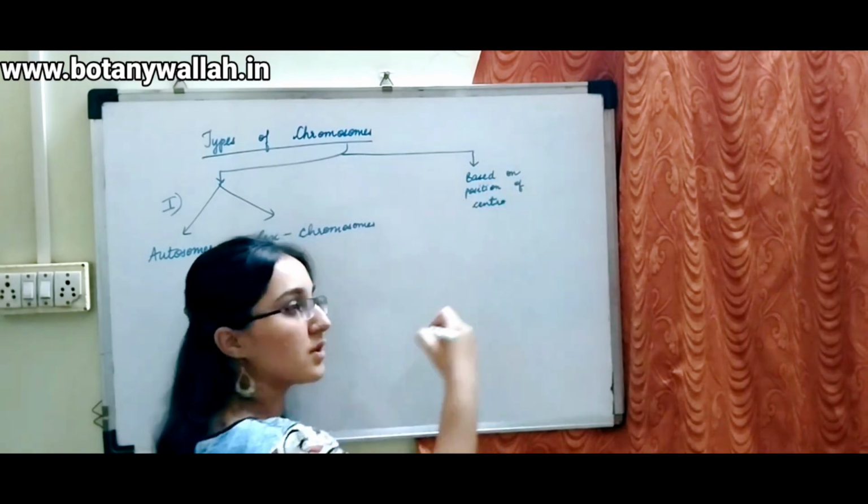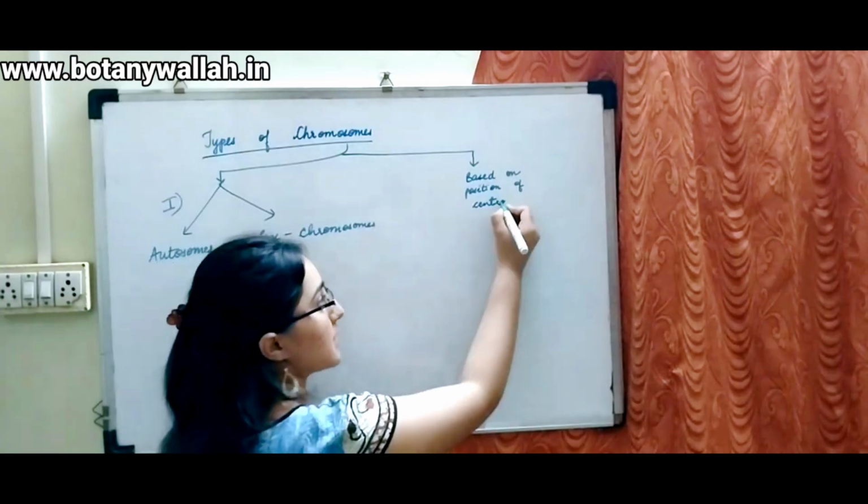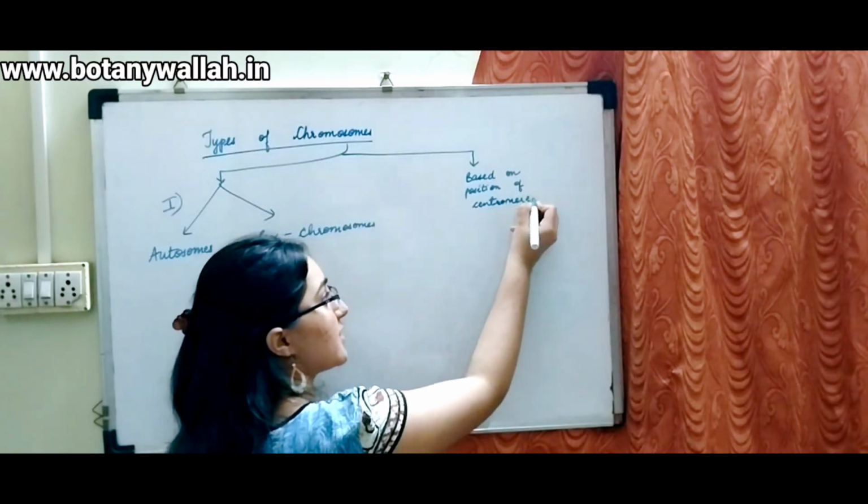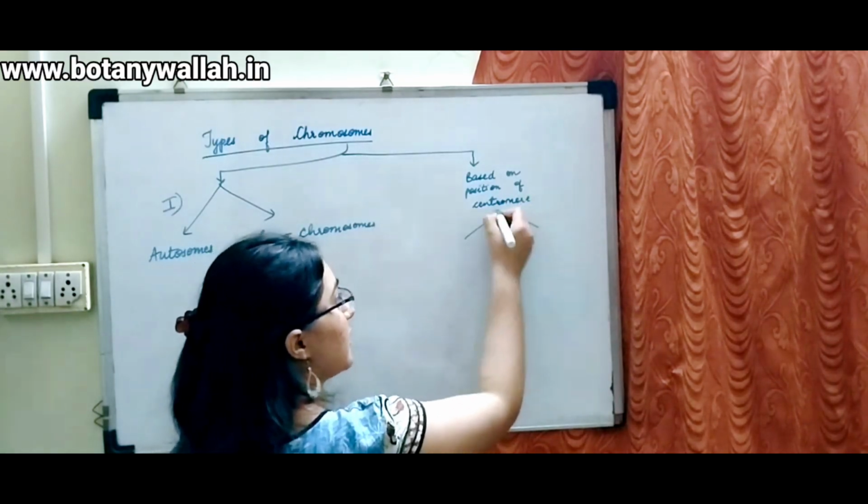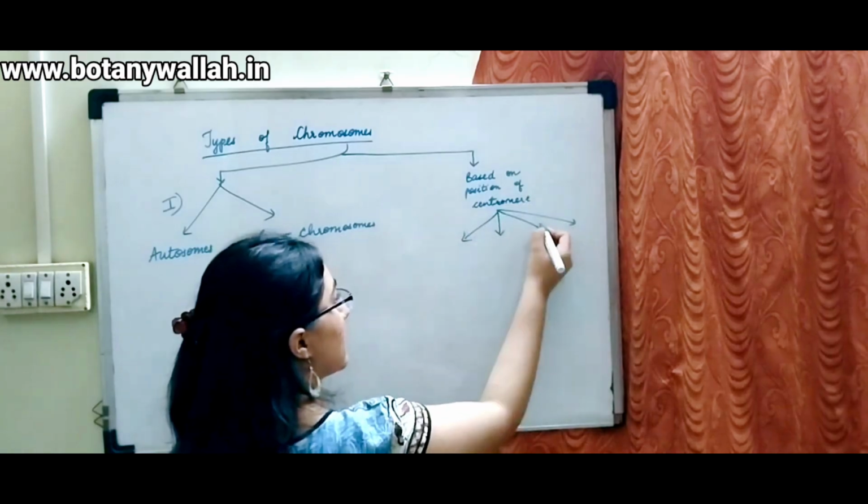Okay, so based on the position, like where the centromere is present. I told you what is centromere. So based on it, there are 4 parts.